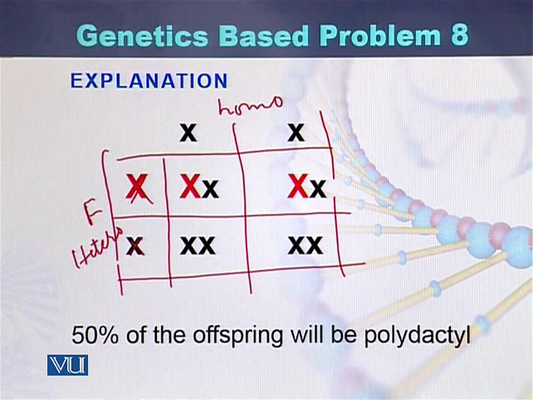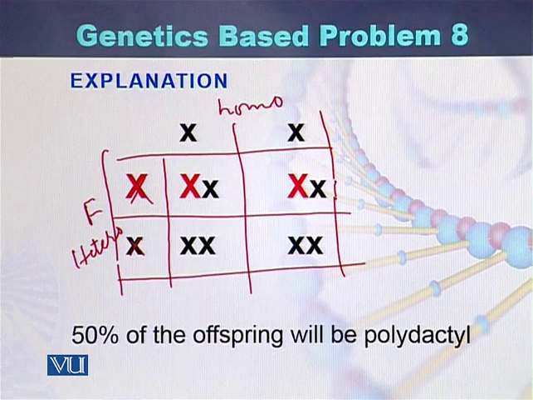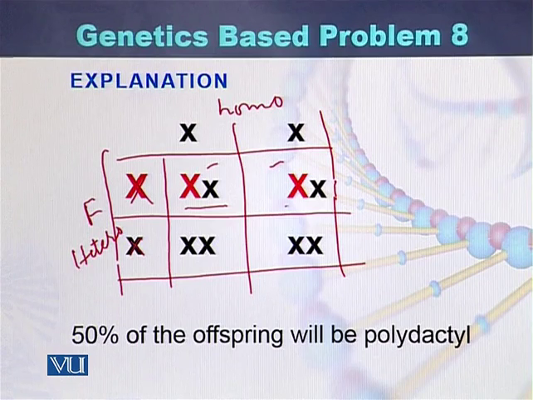Based on this information, we can see that 50% of the children have a capital X, meaning a dominant allele, in this child and in this child also. These two children have recessive alleles.